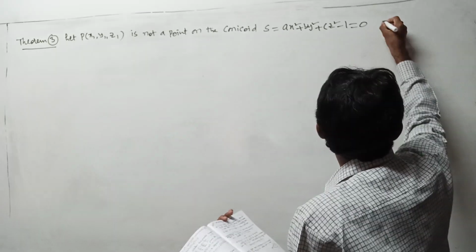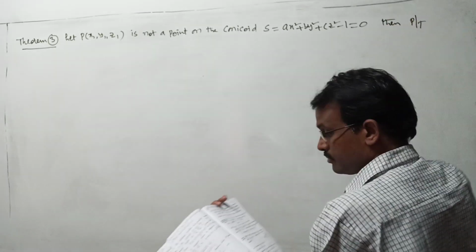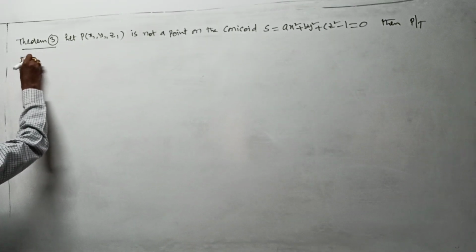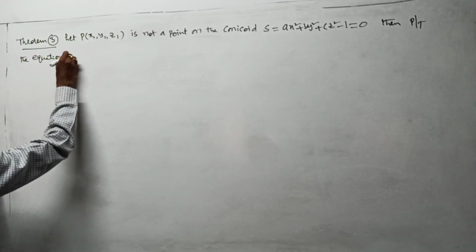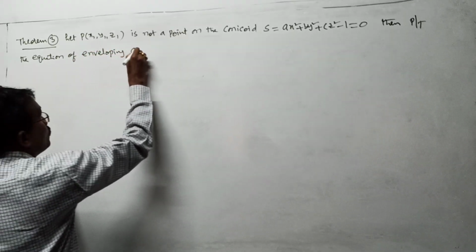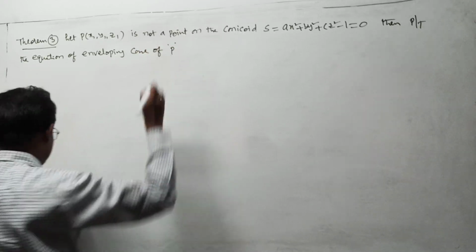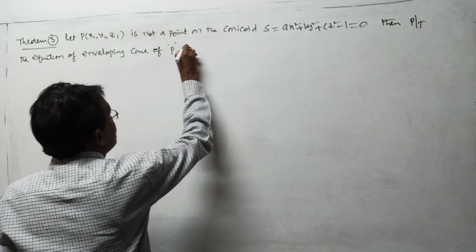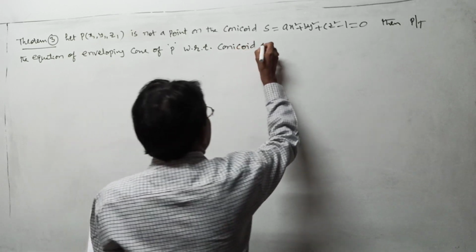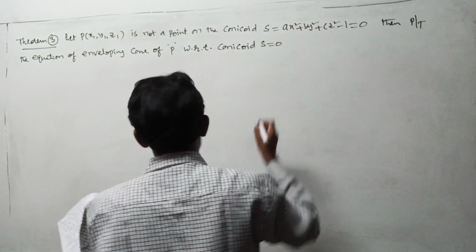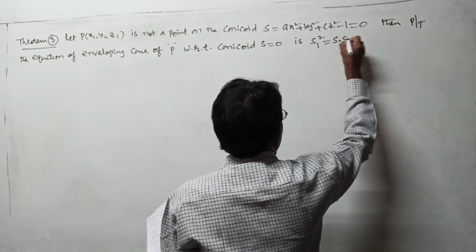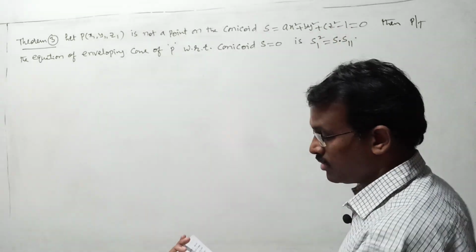Then prove that the equation of the enveloping cone of point P with respect to the conicoid S = 0 is the same formula like your cones: S1² = S·S11. You remember this, S1² = S·S11.